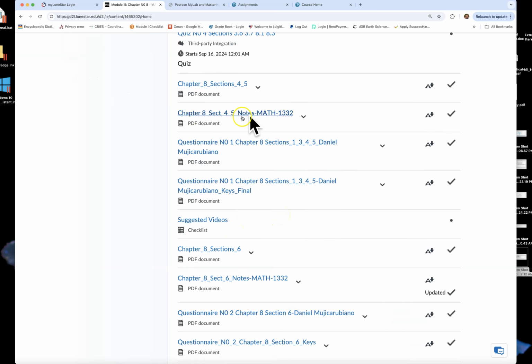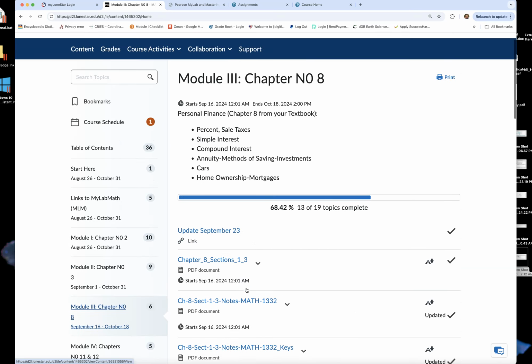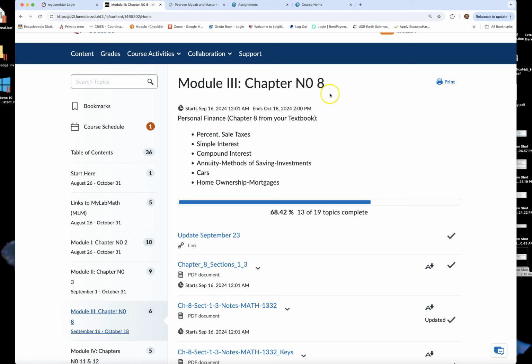Remember that we have notes for sections 4 and 5 and notes for section 6. Between today and tomorrow, I'm going to include the keys for these two, so that I complement all the material for chapter 8.